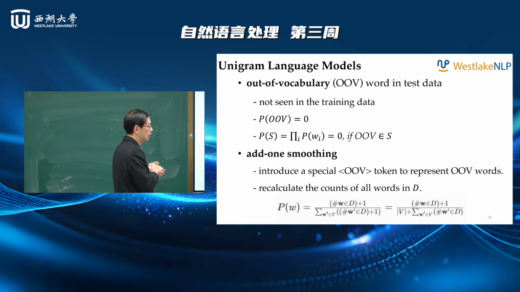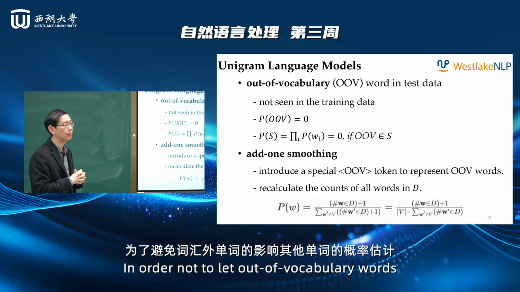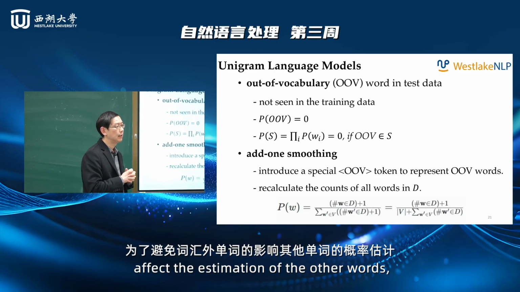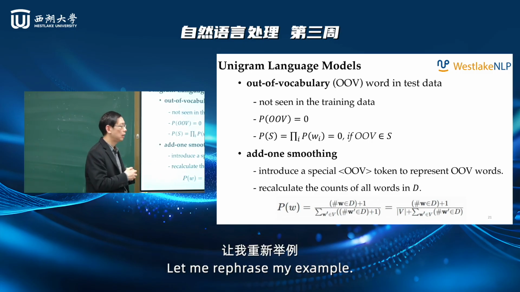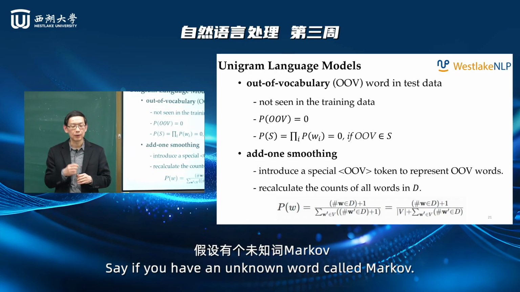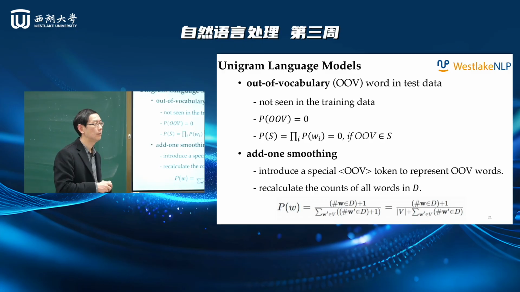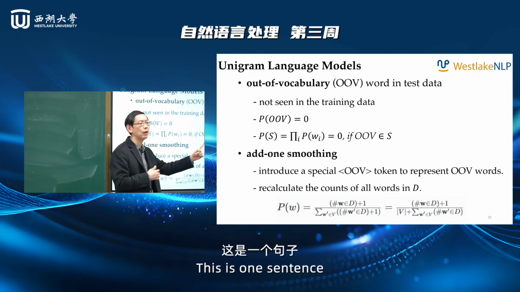All right. In order not to let out-of-vocabulary words affect your estimation of the other words. Okay, I should use a better example. Let me rephrase my example. Say, if I have an unknown word called Markov, okay? I say one sentence, I invited Markov to dinner. This is one sentence, right?